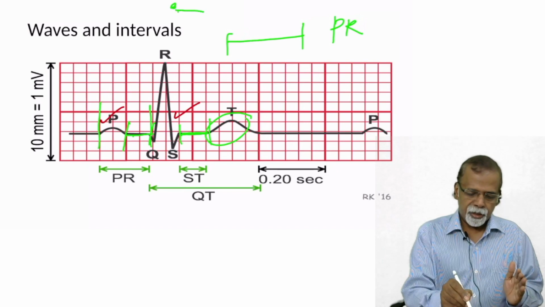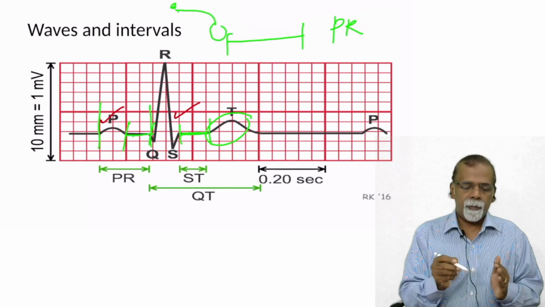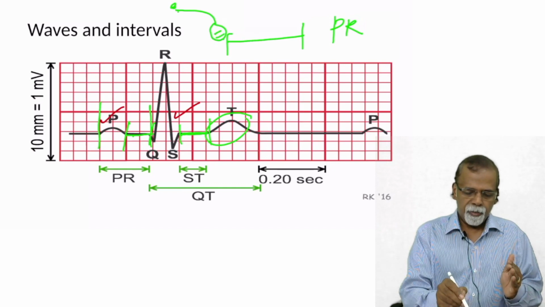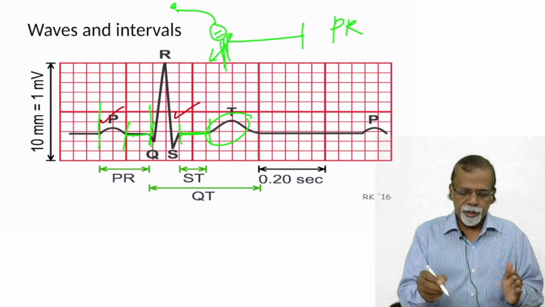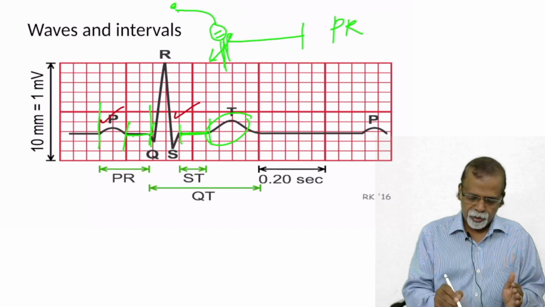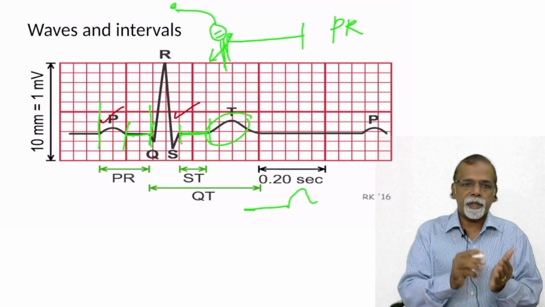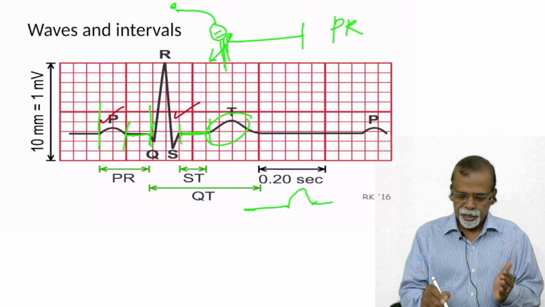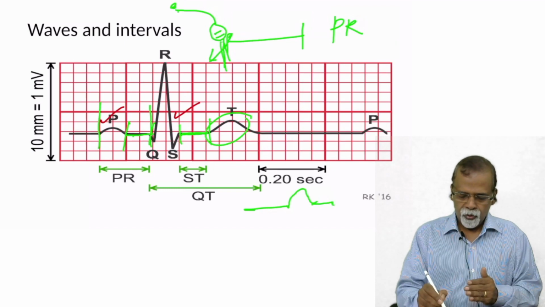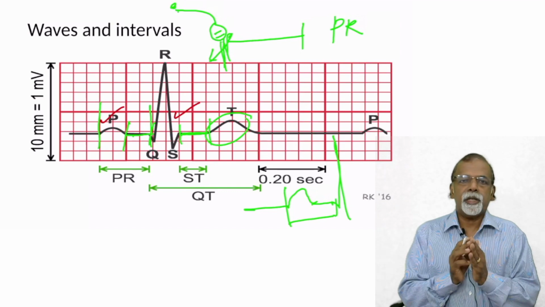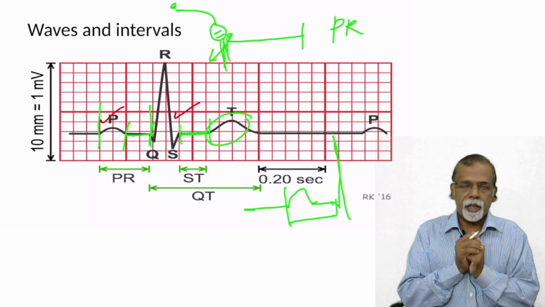It reaches the AV node, where there is a delay. Then the impulse passes through the interventricular septum and activates the septum. At that time you get the Q wave. So the PR interval starts with depolarization of the atria, then a delay in the AV node followed by the activation. This much time is what is called the PR interval.